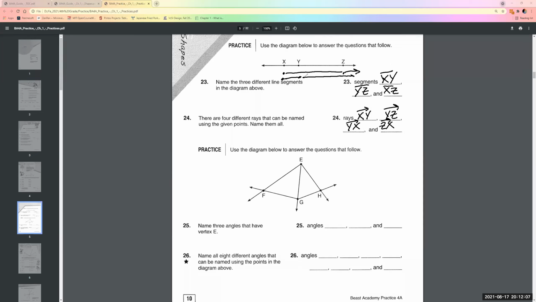So they are different names for the same ray. But the other ones, for example, like YX, will go this way. And then you also said ZX. ZY would have also been the same. And then last but not least, YZ.